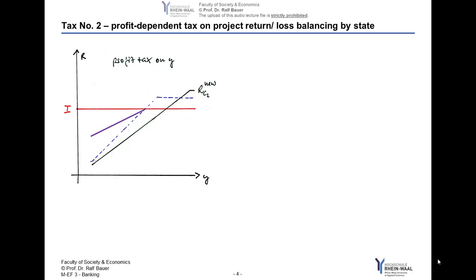In that case, having a loss, so assuming that the loss is balanced until 100 euros, that we have here, for example, a taxation if y exceeds I, and that we have a loss balancing if our y is smaller than I. In that case, we have an increase, we have more potential to repay the respective loan, and of course in that situation we have the same effect like a subsidy, the respective contractual fixed repayment will decrease.